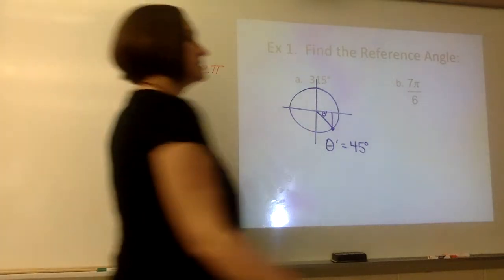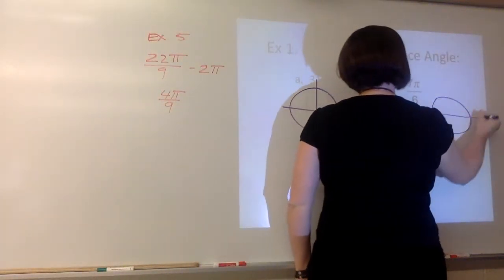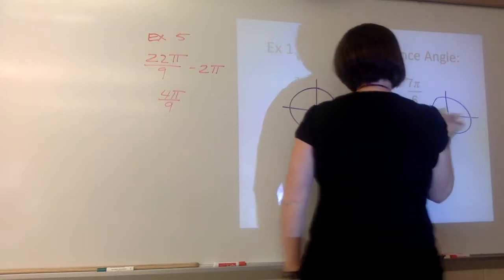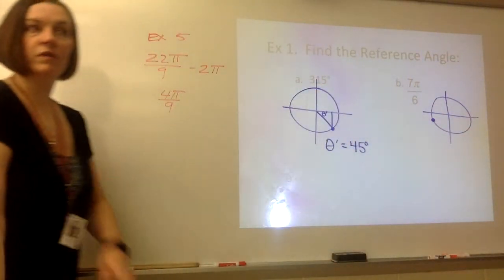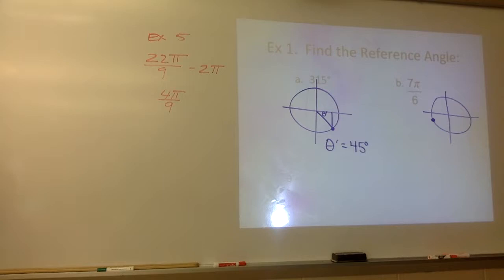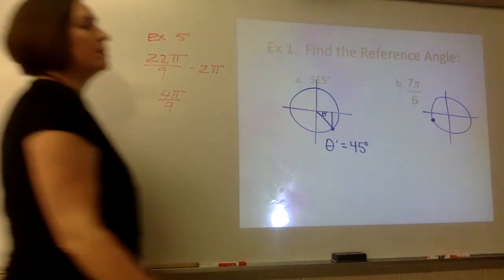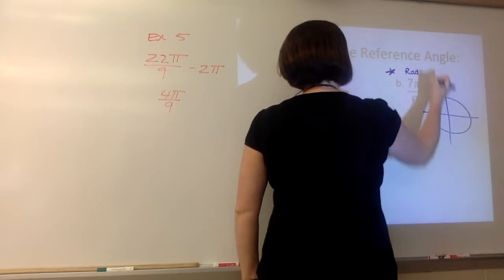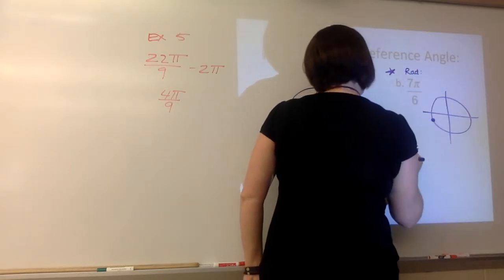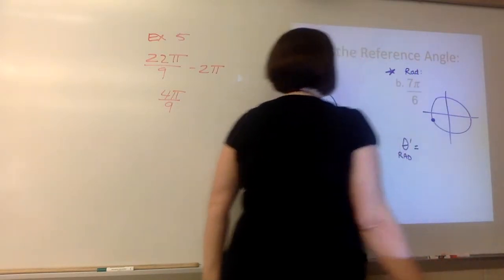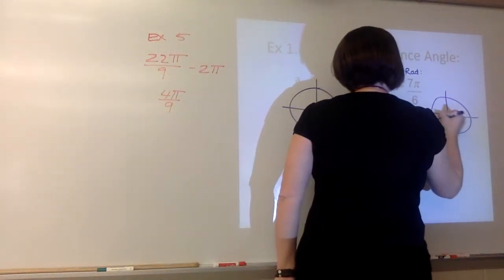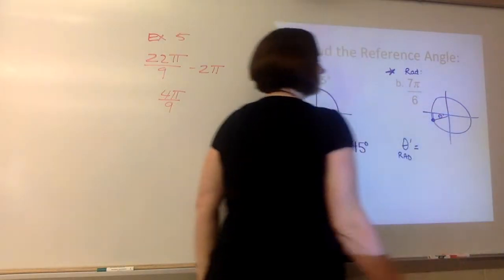7 pi over 6, another one. 7 pi over 6 is going to be over here. It's the short triangle, if you will, visually on the unit circle. Okay, now this one I'm going to put a star by. Notice I gave you radians, so I'm going to want theta prime in radians. What's the size of theta prime in radians?